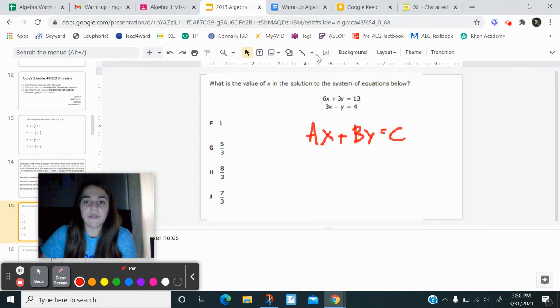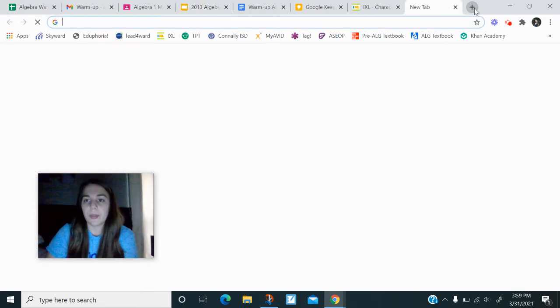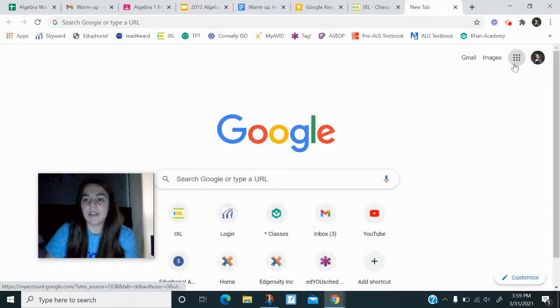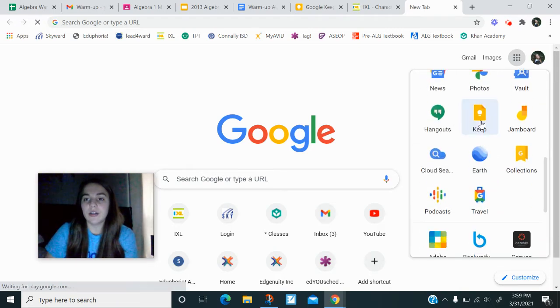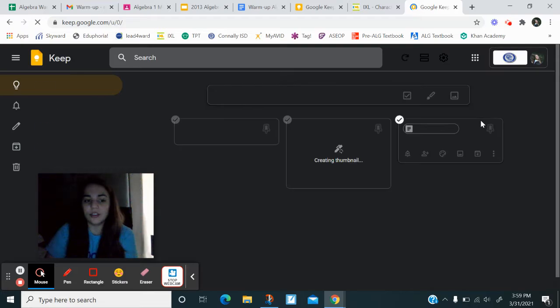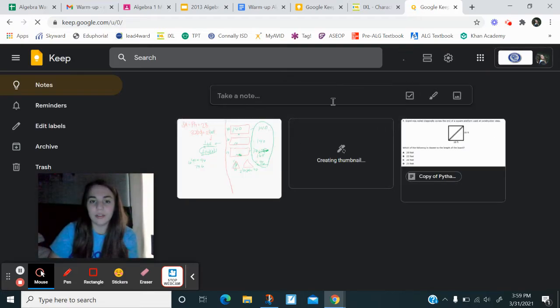If you do not have paper, you can go to this thing called Google Keep. Let me just show you guys real quick. If you go to Google Keep down here, you can start new, it says take a note. You can start taking the note by drawing something.